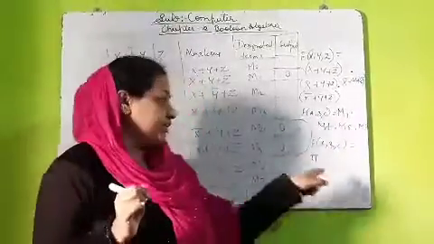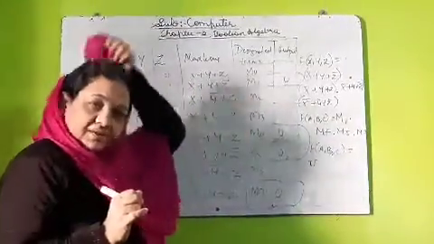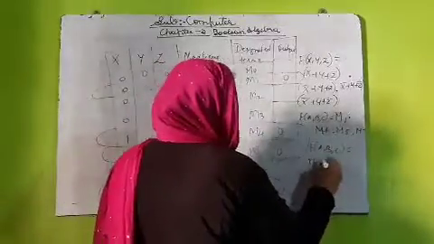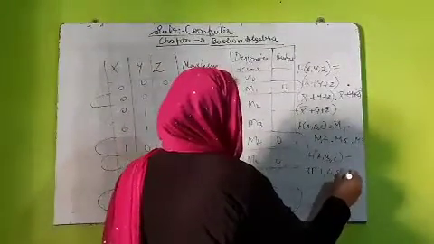For POS you need to use pi. Pi of 1 comma 4 comma 5 comma 7.